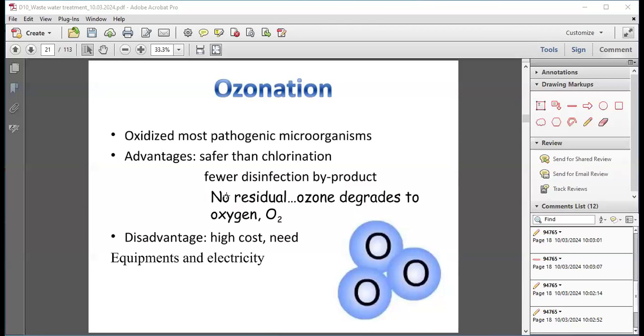Advantages: safer than chlorination, no disinfection byproducts, no residual, and ozone degrades to O2. Disadvantage: high cost, needs equipment and electricity. What's the composition of ozone? It is depicted as O3: three oxygen atoms.